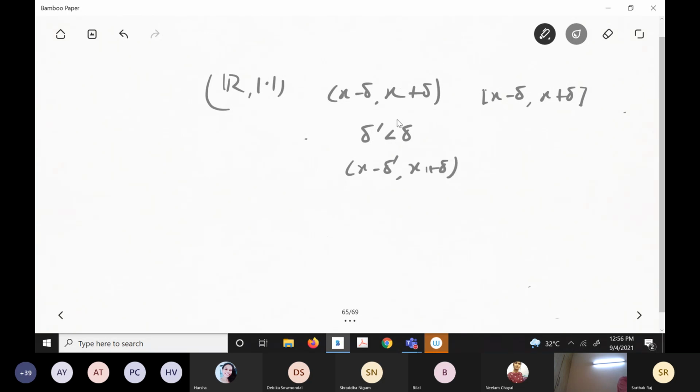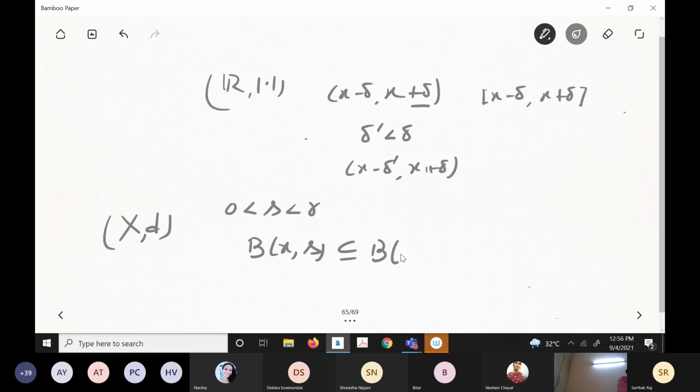The same thing should happen here, where the radius delta is always a positive number. From the definition, for a metric space, it will be contained in this.